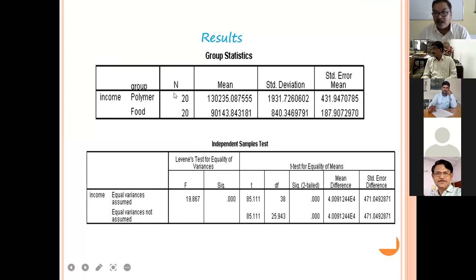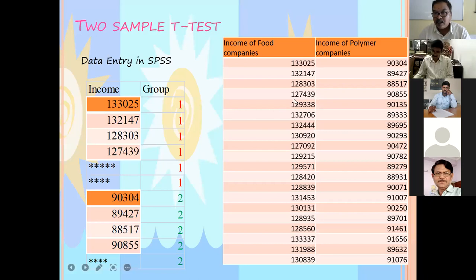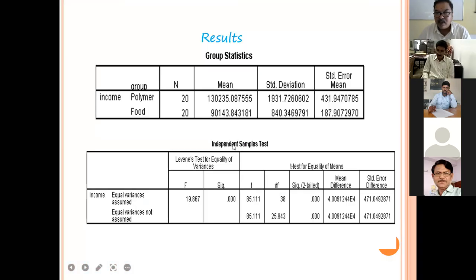All the 20 companies do not have an income of 1,30,000 rupees, because you can see here that the income of polymer companies is different. The income of all did not score the same.